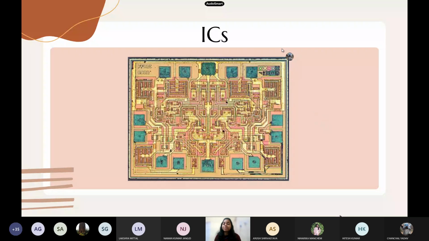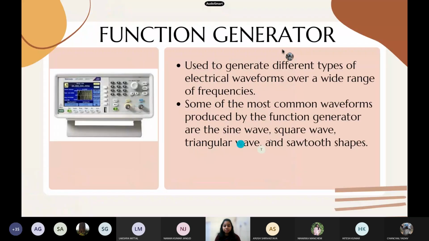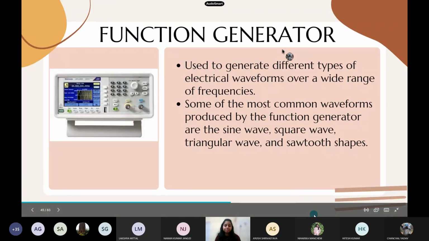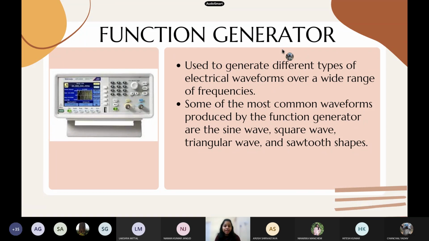Hello everyone, I am Tarannum and let's explore more about the general terms. So first, function generator. Do you know what a function generator is already? A function generator is used for setting frequency to generate different waveforms. Various waveforms we can set in the function generator are the sine wave, square wave, triangular wave, and sawtooth shapes.